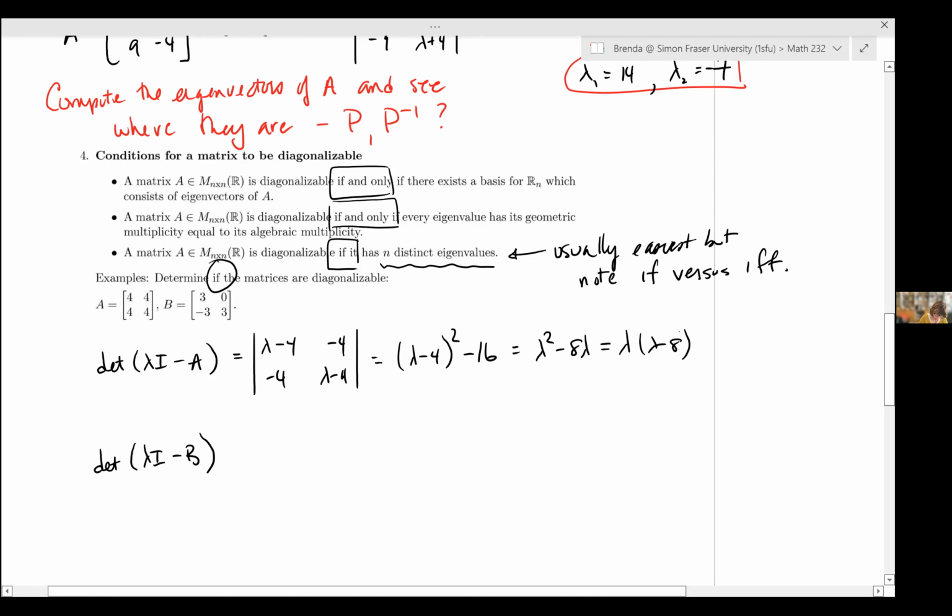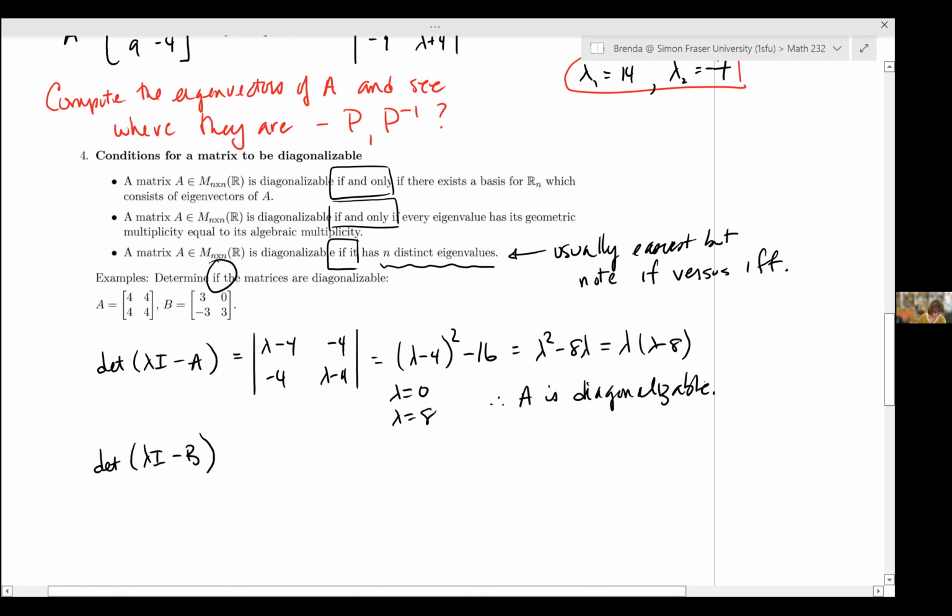So for matrix A, we have two eigenvalues, 0 and 8. There they are. So we have two distinct eigenvalues, and it's a 2 by 2 matrix. Therefore, A is diagonalizable.